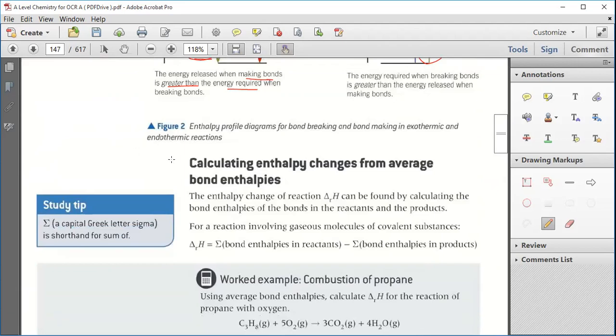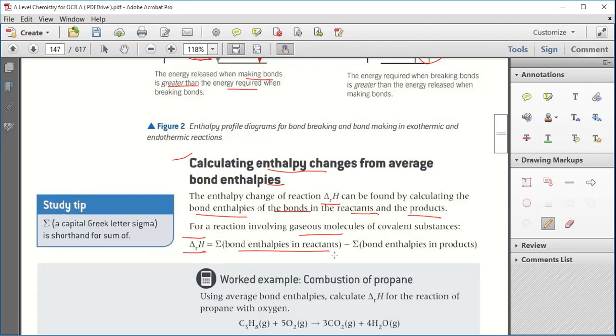Now see, calculating enthalpy changes from the average bond enthalpy. The enthalpy change of a reaction, delta H R, can be found by calculating the bond enthalpies of the bonds in the reactants and the products. For a reaction involving gaseous molecules of a covalent substance, delta H reaction is equal to the sum of bond enthalpies in the reactants minus the sum of bond enthalpies of the products.